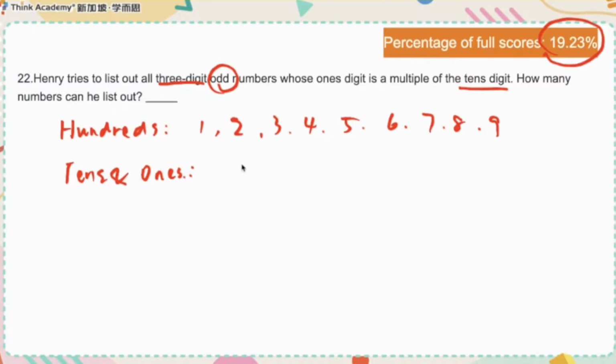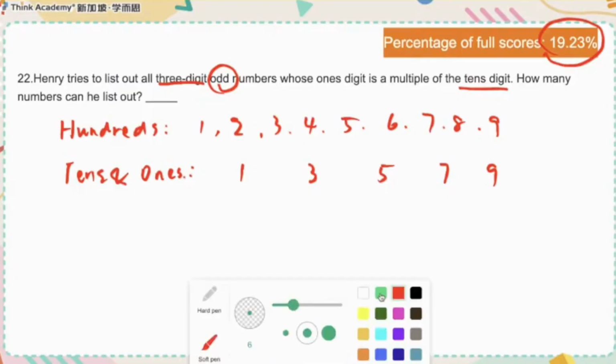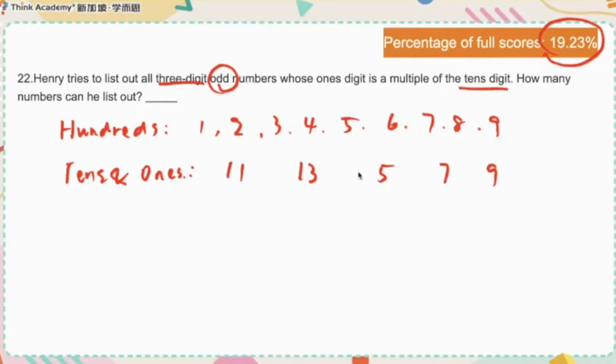The ones digit also needs to be a multiple of the tens digit. Then let's see what the ones digit should be. If the tens digit is 1, it could be 11, 13, 15, 17, 19, like this, right?